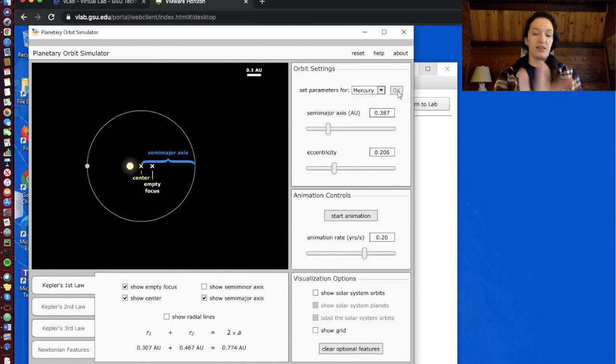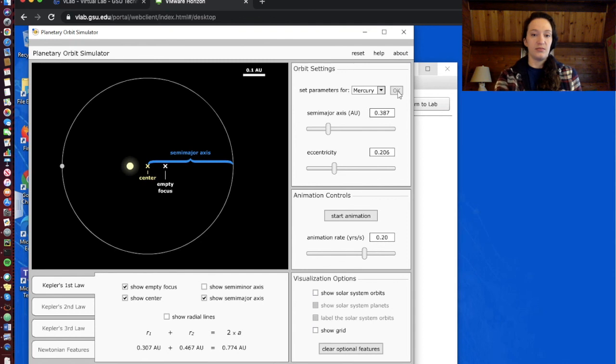And you can see the shape of the orbit and the position of the sun has changed from where I put it because I messed around with the eccentricity. So from here, you're just going to write down the number that is given in both of these boxes. And pay attention to this. People accidentally flip this all the time. The first number is the semi-major axis, and this goes in the second column, the second empty column.